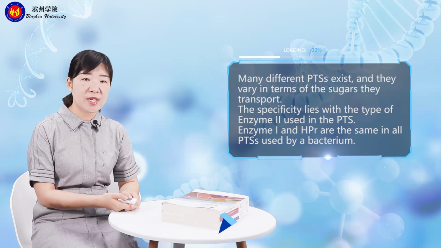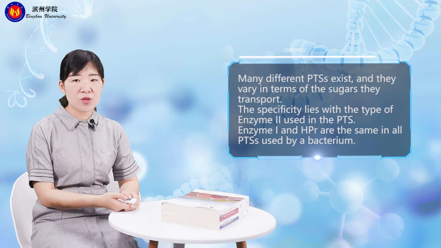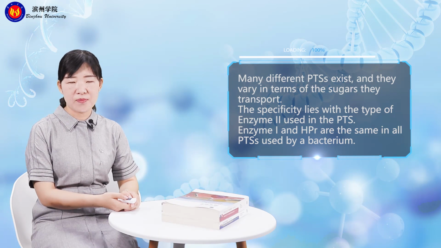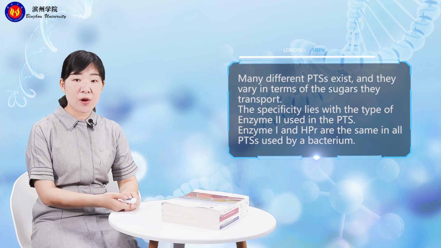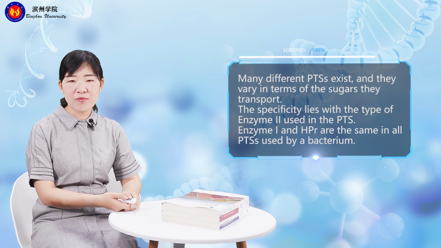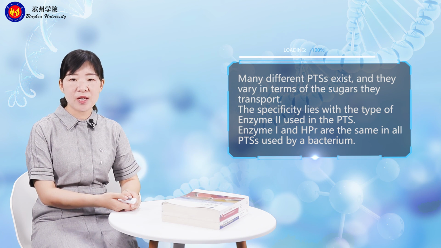Many different PTS exist, and they vary in terms of the sugars they transport. The specificity lies with the type of enzyme 2 used in the PTS. However, enzyme 1 and HPr are the same in all PTS used by a bacterium.